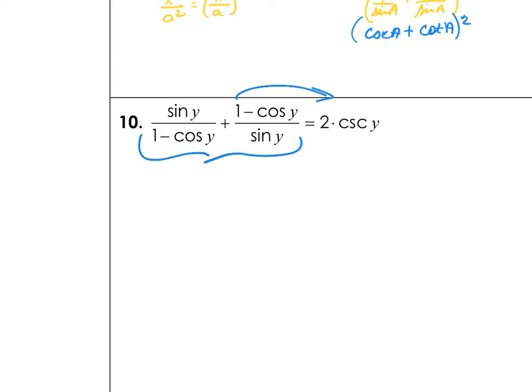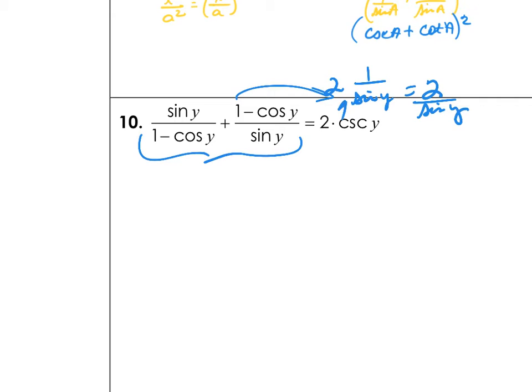Okay, we're going to need to get a common denominator. Everything is in terms of sine and cosine, but this right here, you might just keep in mind that this is the same thing as 2 over 1 over sine of y, or 2 over sine of y.